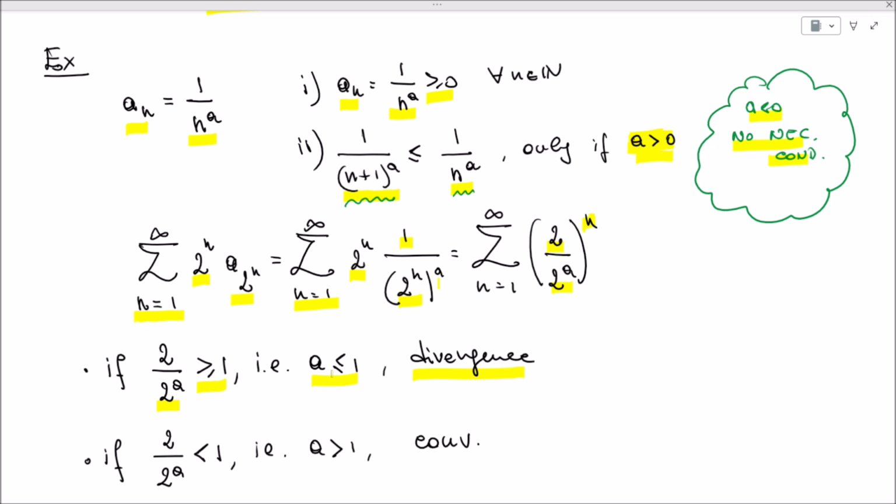And you see that we are now back to the original scheme. Okay, this result is consistent with what we said before. If instead the ratio of the geometric series, 2 divided by 2 to the a, is less than 1, which is to say that a is larger than 1, we have convergence. This is again what we know about geometric series.